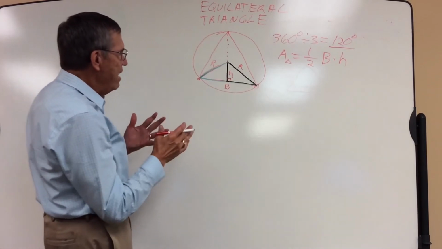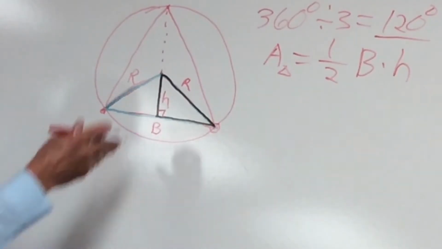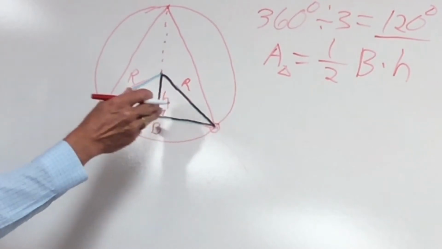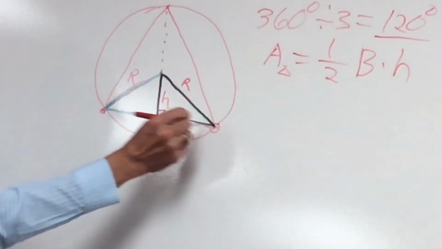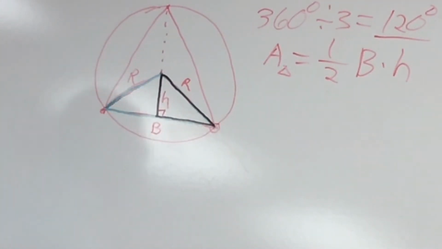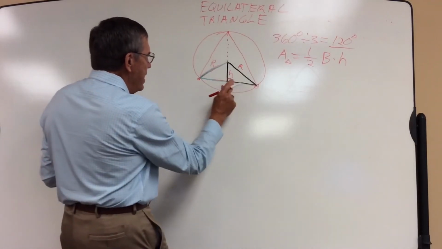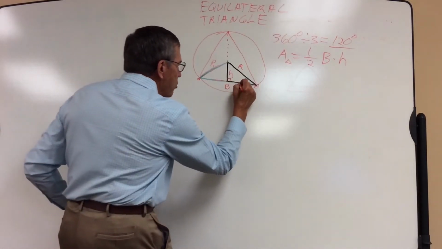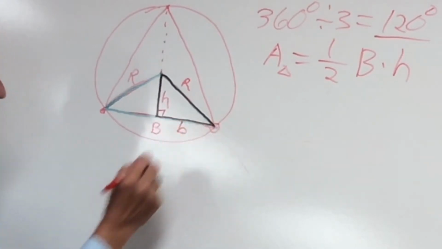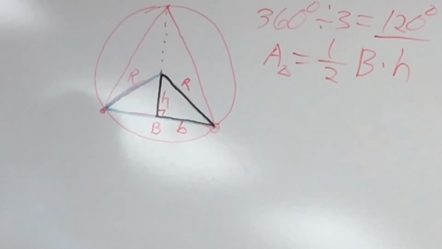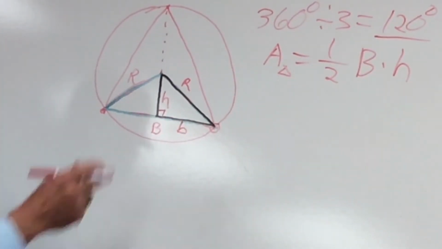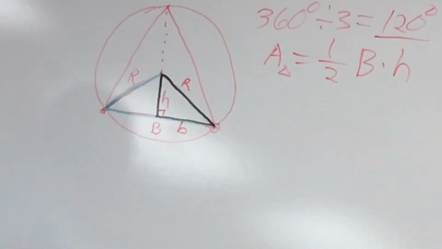That right angle ensures that when I drop from a point to a line at a right angle, I'm going to bisect that side. So this side is equal to that side, so I'm going to use little b to indicate 1/2 of that base, because that's what we're going to focus on in this black triangle.